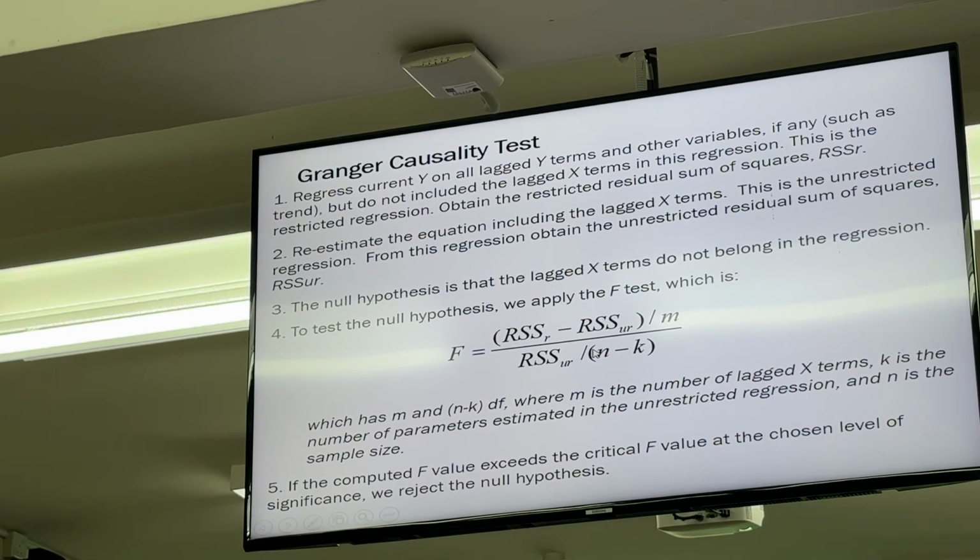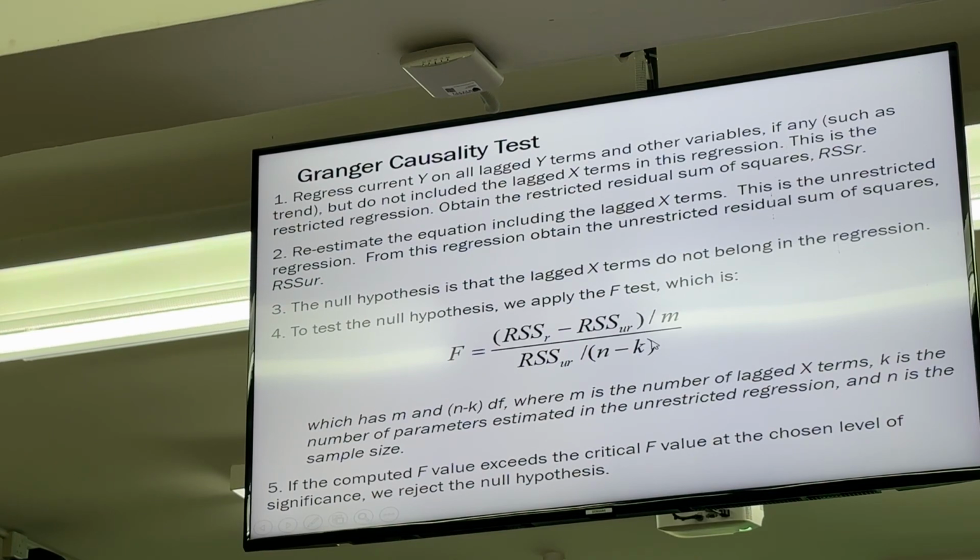And n refers to the observations: how many observations you have, the sample size. K is the number of parameter estimates in the general model, in step number 2. The number of parameter estimates refers to how many coefficients, the slope coefficients, in step number 2.